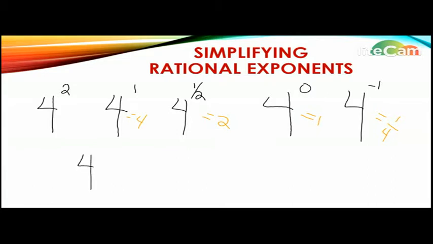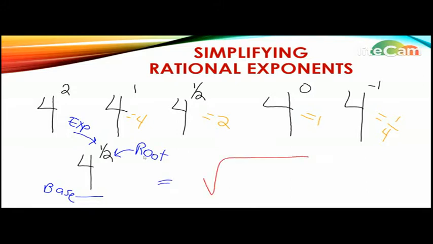Okay, well, if I take 4 to the 1/2, this is my base. The 1 on top is the exponent, but the whole thing is actually called a rational exponent. But the 1 on top is an exponent, and the 2 is actually the root of the radical. So here's my root, here's my 4.